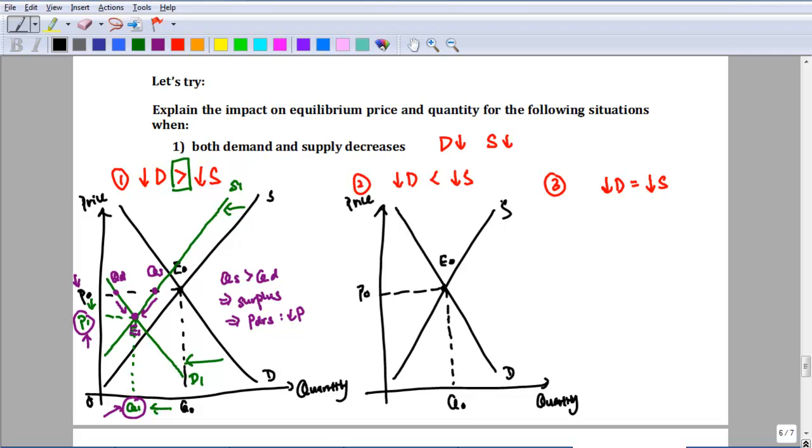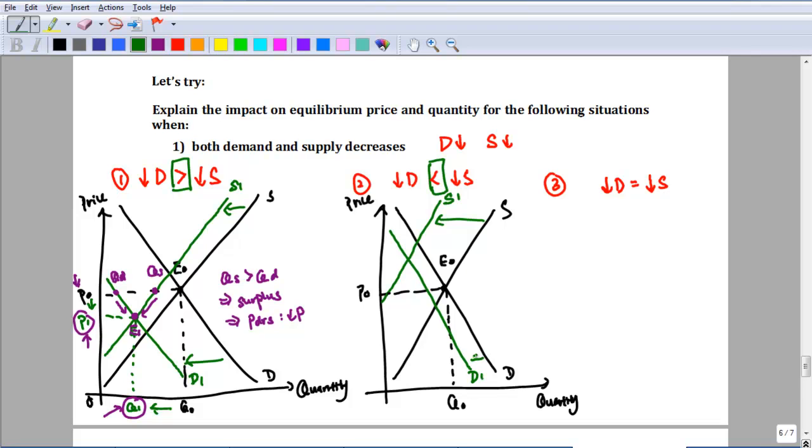Now for this case, the fall in your supply is more than the fall in demand, so your supply curve must shift by a greater extent. So supply falls, shifts left, but I'm going to shift it by a lot, by this much to S1. Demand also falls, so it will shift to the left, but it will shift by a lesser extent, so let's say this much to D1.